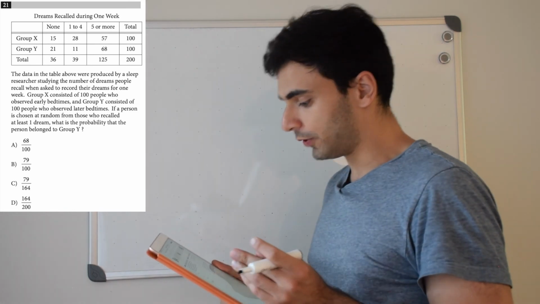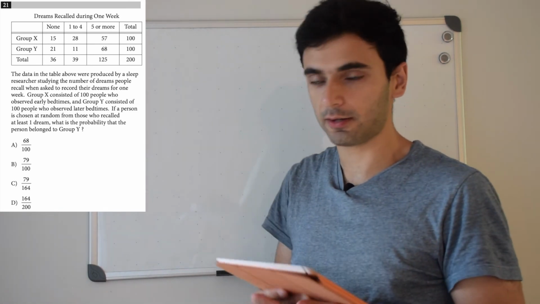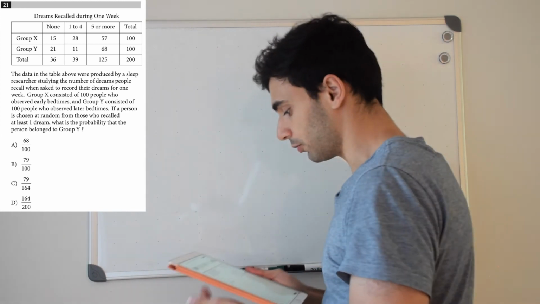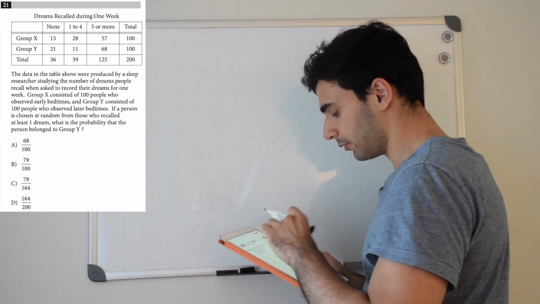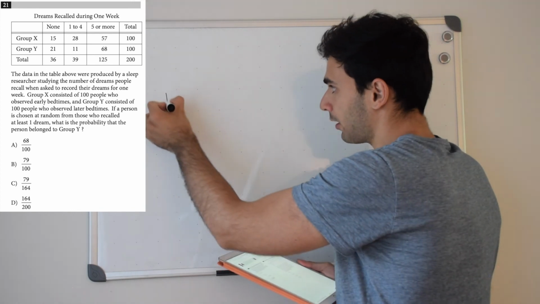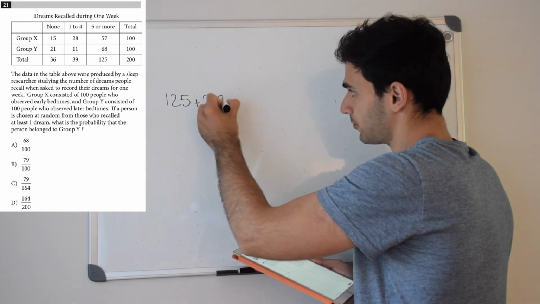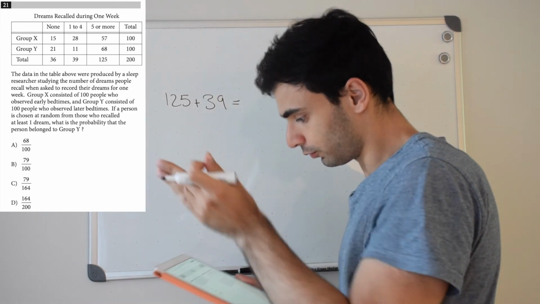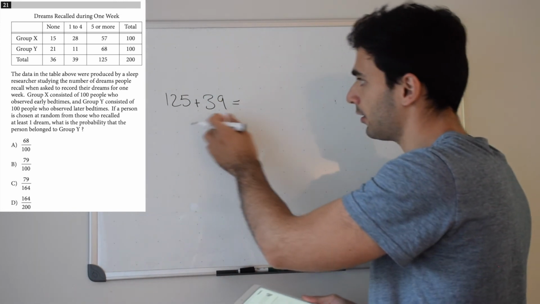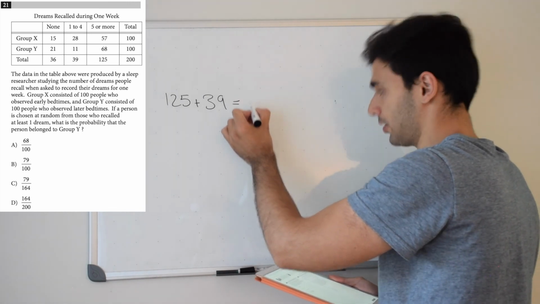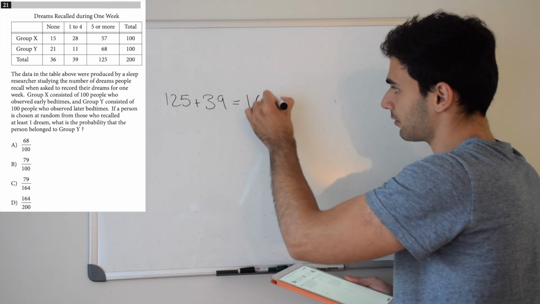So we know we're going to pick from people that have had one dream or more. If you look at that, we had a total of 125 plus 39 of those people that had one dream, 1 to 4, 5 or more, right? So they at least have one. So our data here is 164.